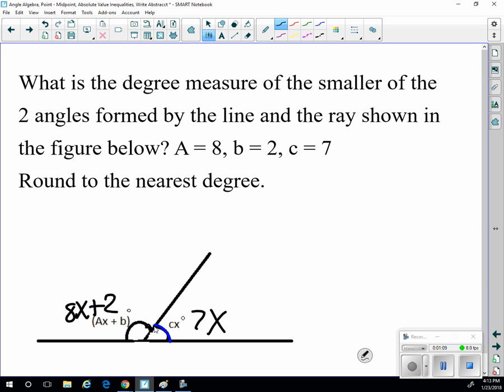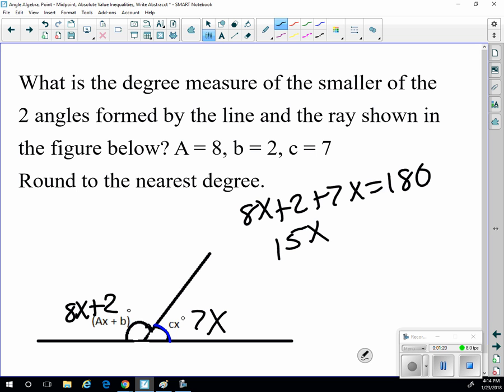So we say 8x plus 2 plus 7x equals 180. And we can add the 8x and the 7x, so we can get 15x, there's like terms, plus 2 equals 180. Then we can subtract the 2, equals 178.